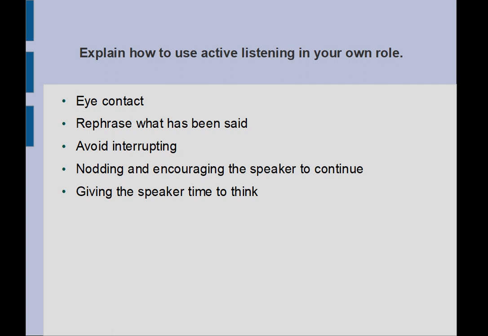But it's more normal for the listener to make more eye contact and keep an eye on the speaker's face. And another point was to rephrase what's being said. It shows that you are interested, it shows you're listening, and it shows you've understood. It also gives you a chance to confirm that you've understood what's been said.